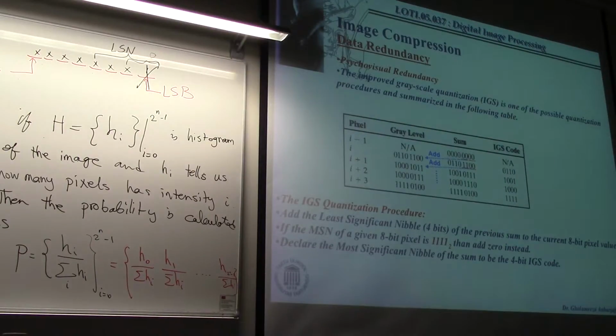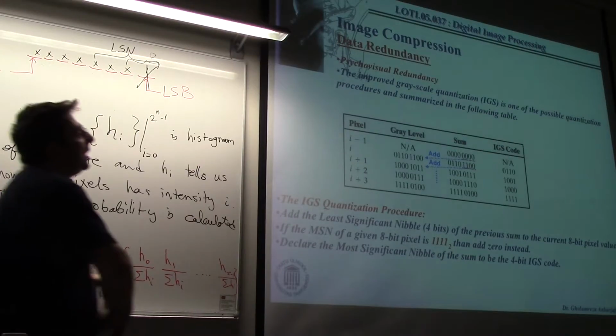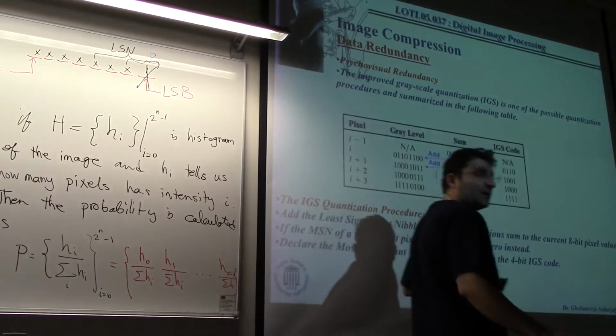Of course, we want to have a much more advanced way of compressing the image, like JPEG and so many other techniques that compress maybe 50 times, 60 times more. So, psychovisual redundancy.